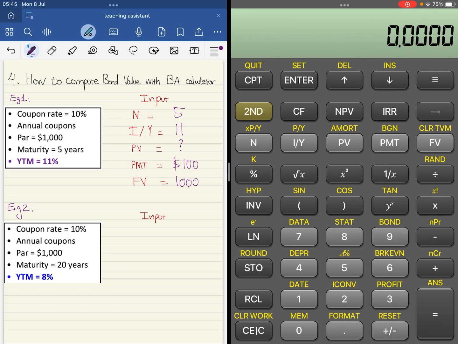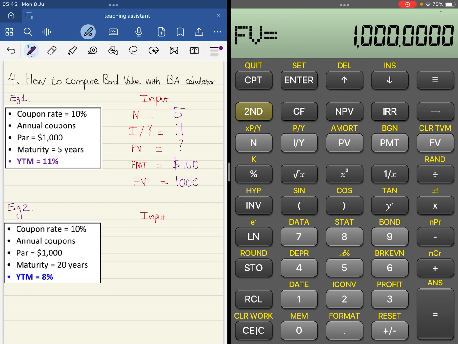Let's try to type it on the BA calculator. So first of all, 5 N, 11 I/Y, 100 PMT, 1000 FV.